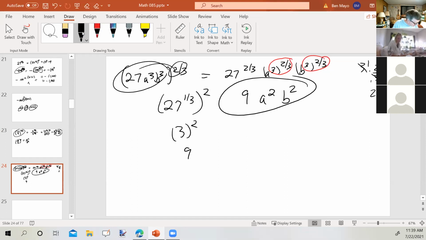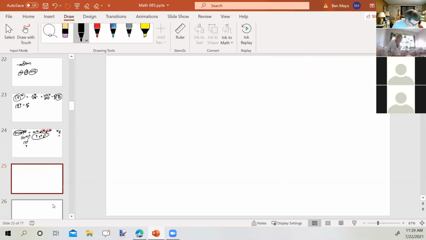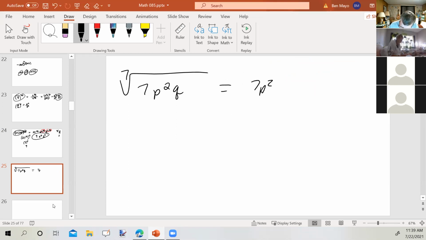Okay, let's see here. How about this one? It says change each radical to an exponential expression. So this would be 7p squared q all to the 1/7 power.